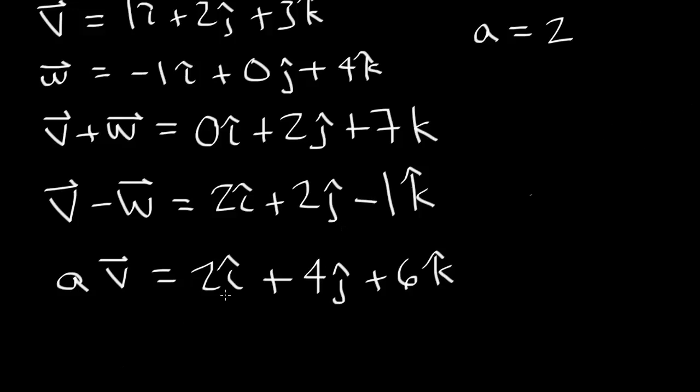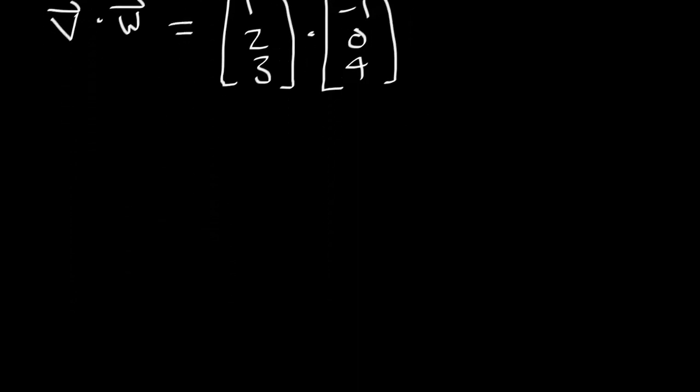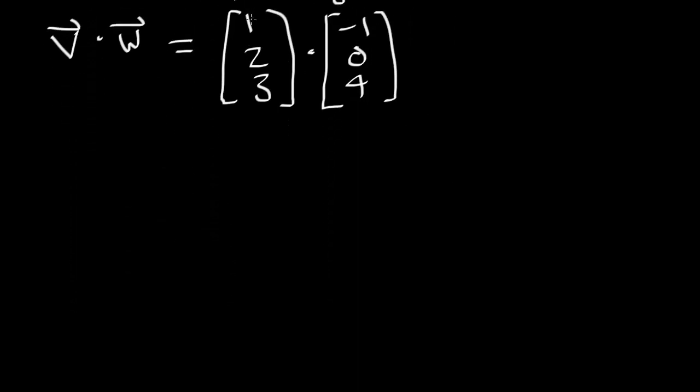Now dot products. So we're going to have v dot w, or 1, 2, 3 dot negative 1, 0, 4. So here's how we do dot products. All we do is we multiply them component-wise, but add up the sum of those multiples.